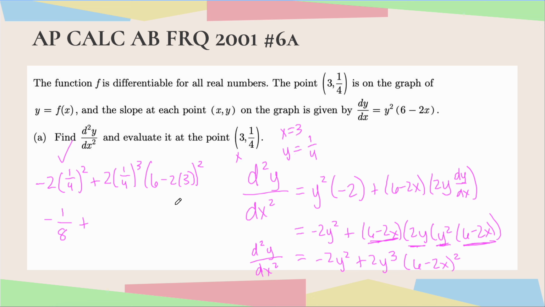So 6 minus 6 is 0. So this is going to be 0 squared. 0 times anything is just 0. So luckily, this entire term here is just going to be 0. Therefore, the second derivative at the point (3, 1/4) is simply equal to -1/8.